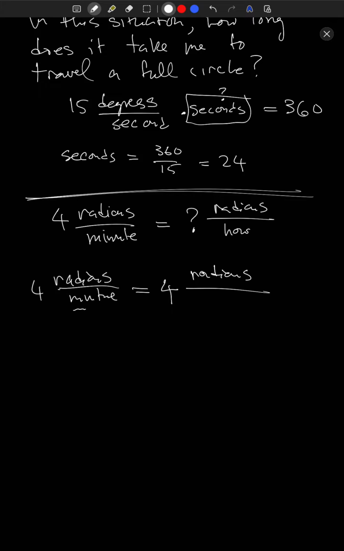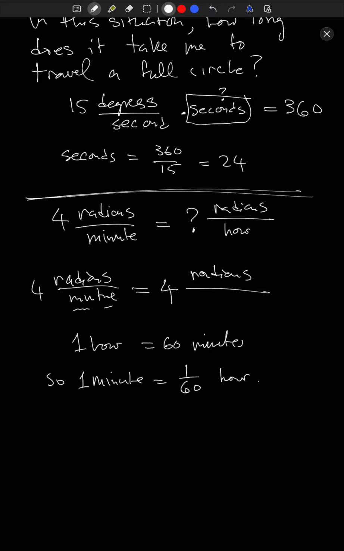And now we need to convert the minutes to hours. So how many minutes is 1 hour? Well, 1 hour is equal to 60 minutes, right? And so 1 minute is equal to 1/60th of an hour, all right?